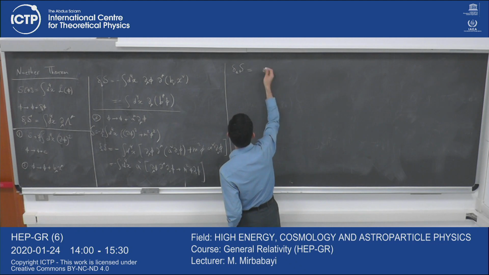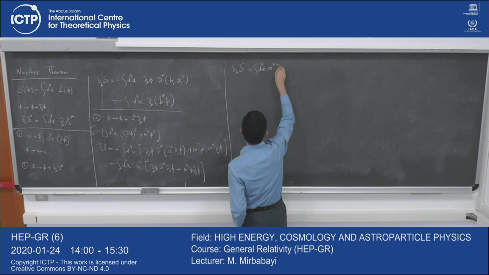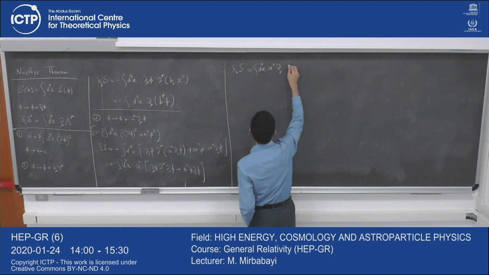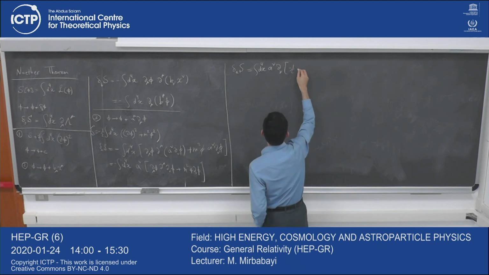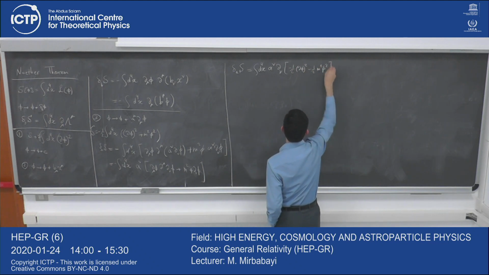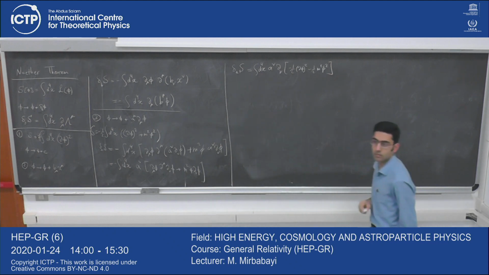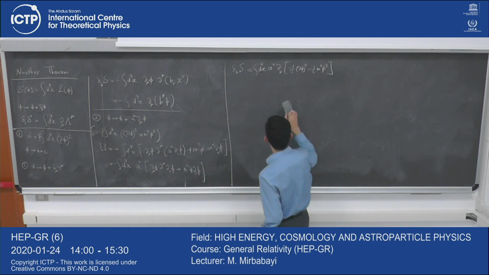So I will get the following: integral d4x a^nu d_nu of minus 1/2 (d phi)^2 minus 1/2 m squared phi squared. And again, since a is a constant, I can put it inside.